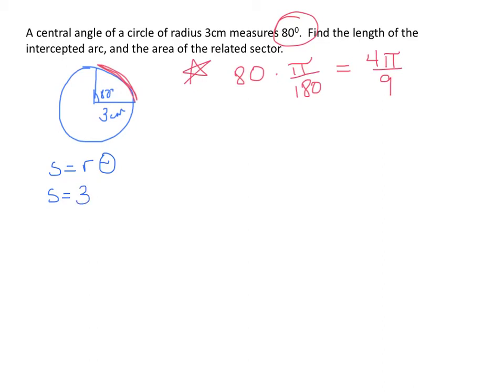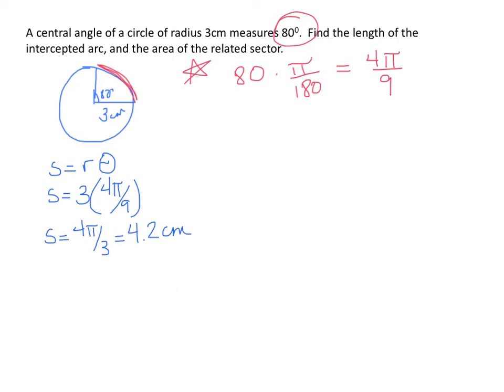So that's 3 times 4 pi over 9. So this is equal to 4 pi over 3. And arc length I can accept as a decimal. In this case, we'll just round it easily to 4.2 centimeters.